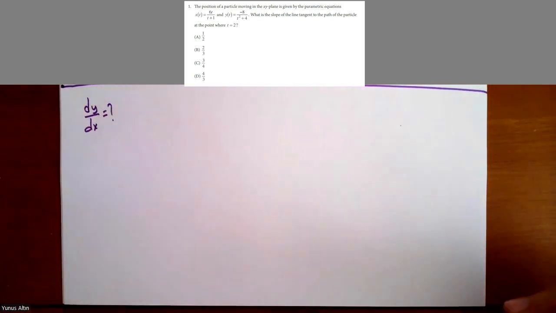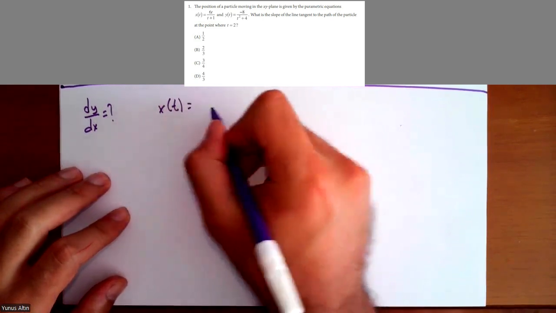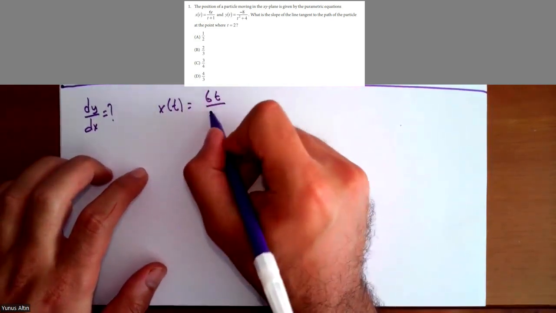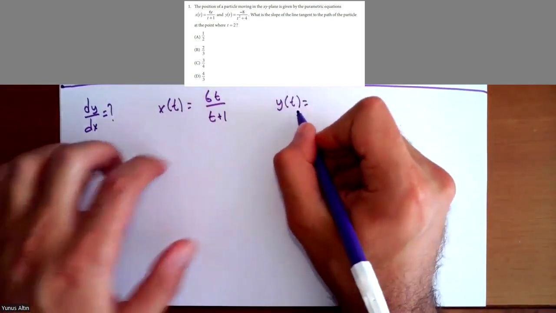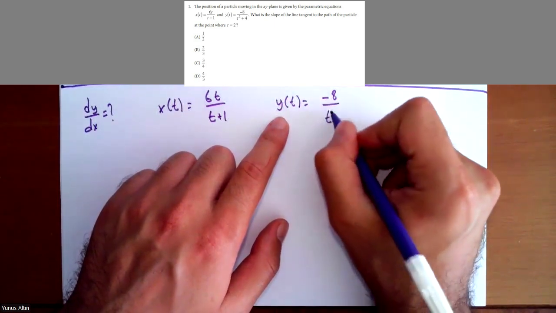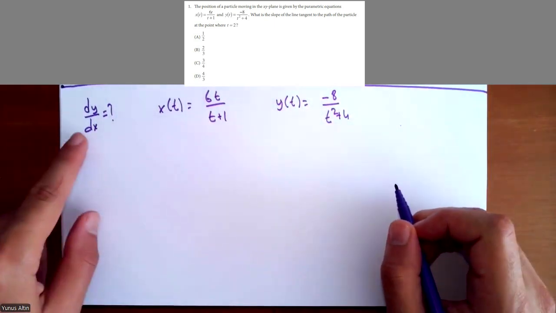We don't know the relationship between y and x. But we do know the relationship between t and x, which is 60 over t plus 1. And also we know y of t, the relationship between t and y, which is minus 8 over t squared plus 4. So from using this, we need to find this.